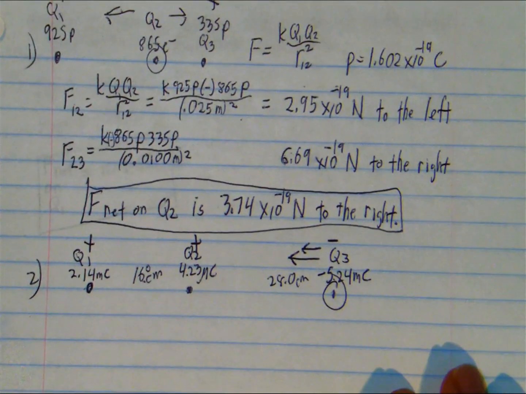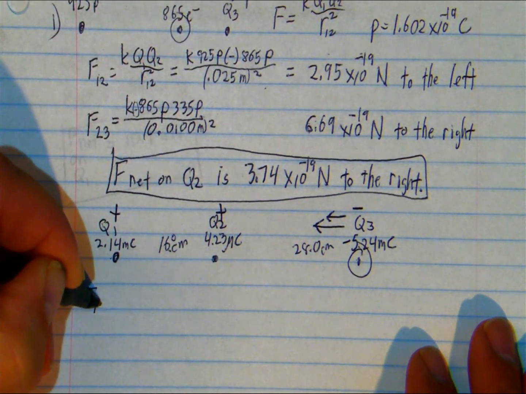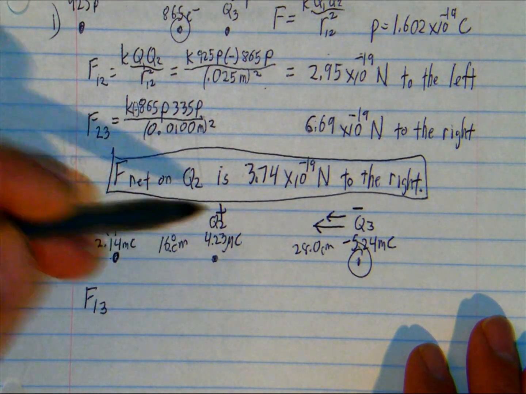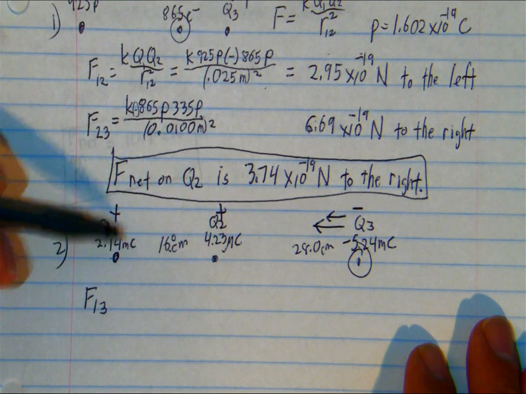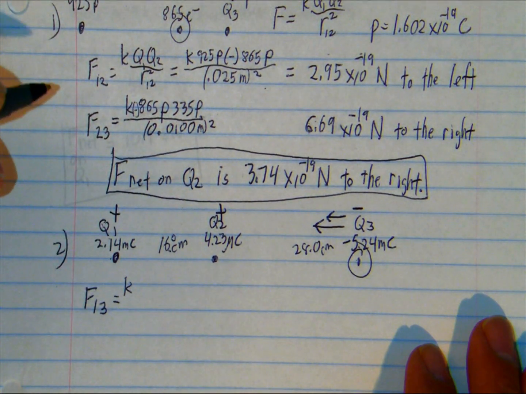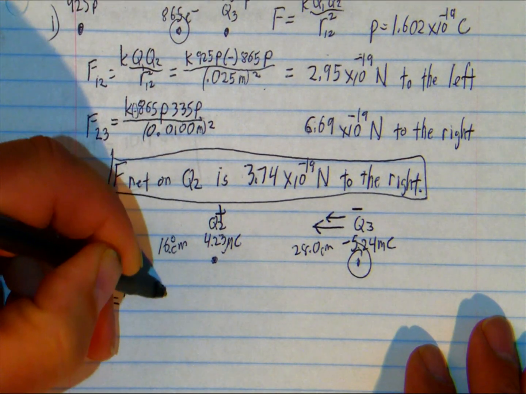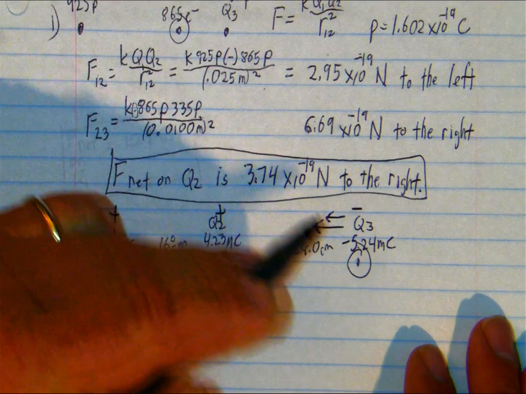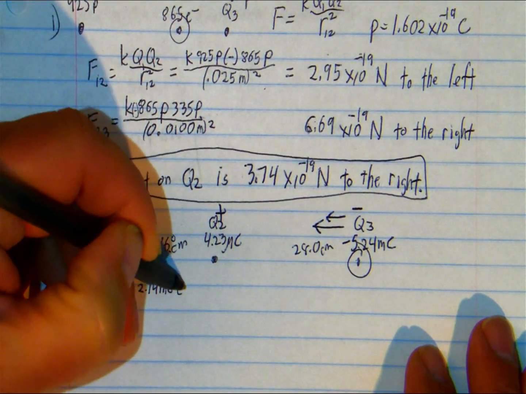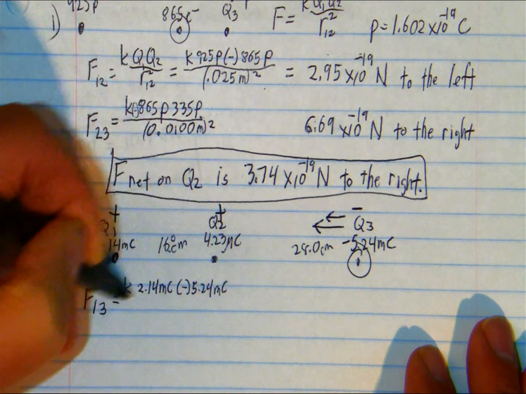All right, so the force between Q1 and Q3, in this problem, I don't care about the force between Q1 and Q2. The force between Q1 and Q3 is K times 2.14 millicoulombs times, yes, there's a minus sign if you want to put it there, 5.24 millicoulombs.